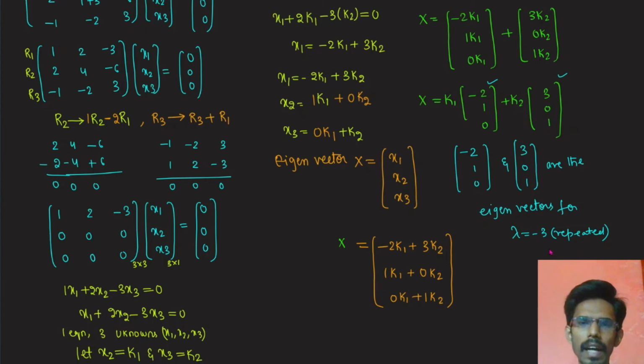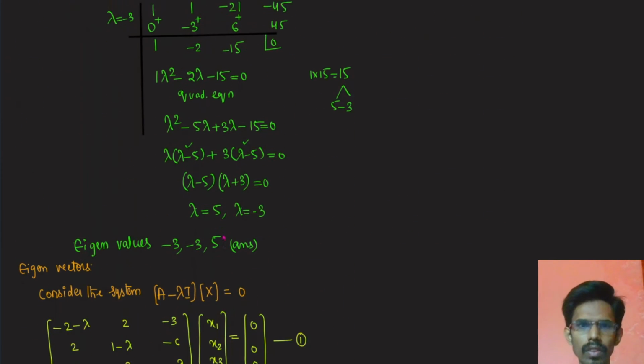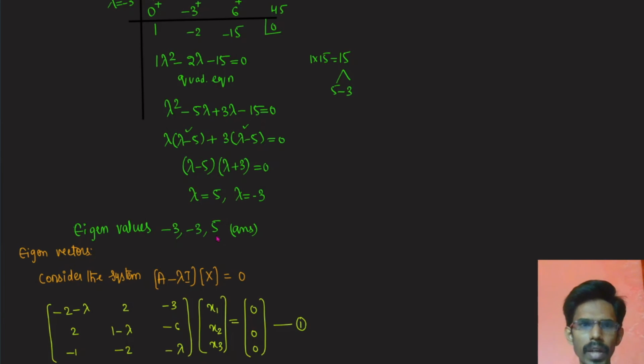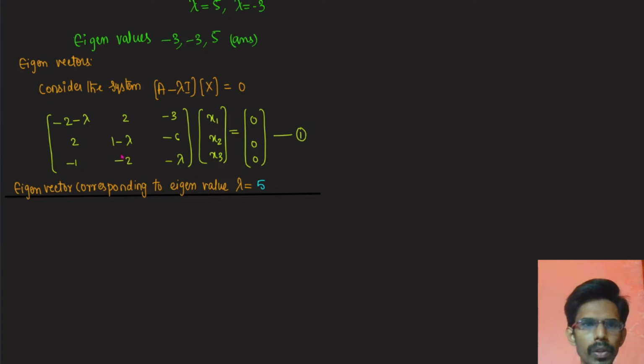Now we want eigenvector corresponding to 5. We got the eigenvector for lambda equal to -3. Now we want the eigenvector corresponding to lambda equal to 5. Now put lambda equal to 5 in equation 1. In place of lambda we put 5 here.